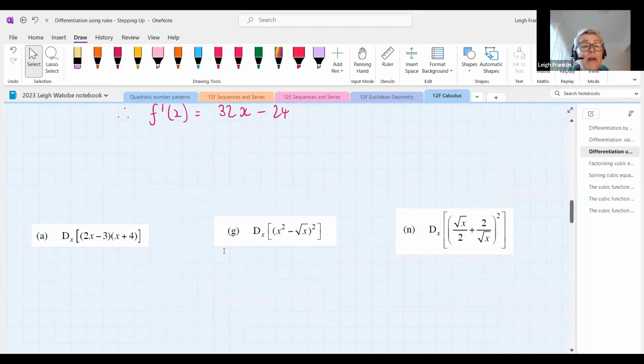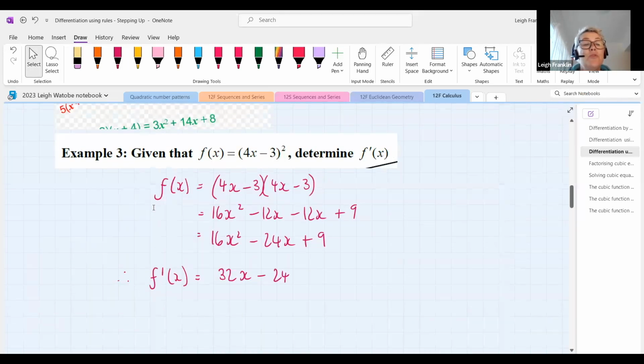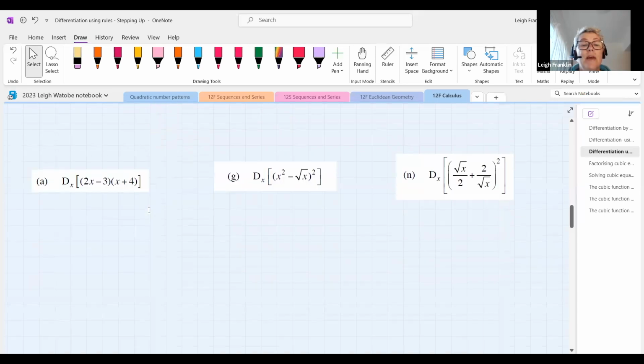When it comes to removing brackets, there's removing brackets and then there's removing brackets. If you have a look, question A is really very simple. Question G and question N become a lot more difficult when it comes to removing brackets. Question A is very similar to what we saw in this example over here.